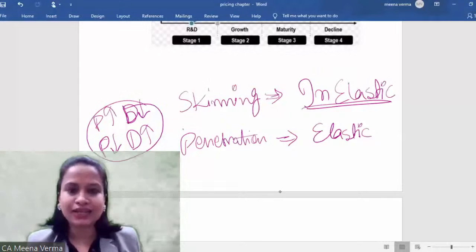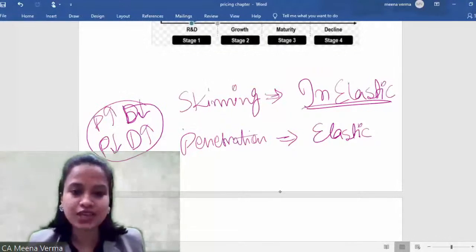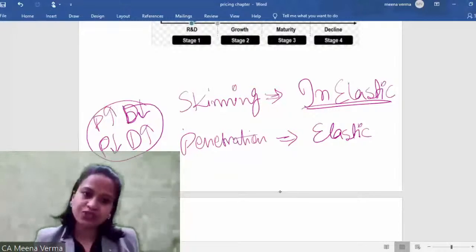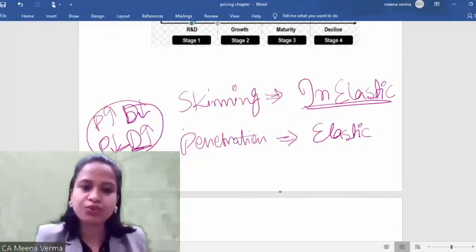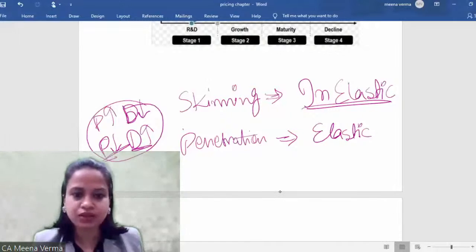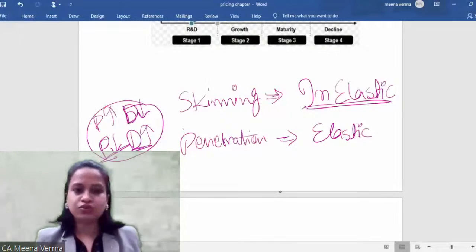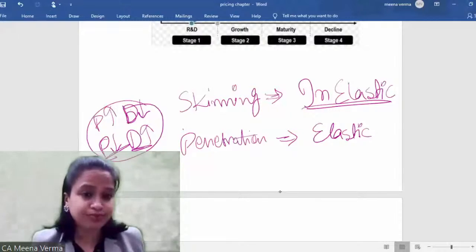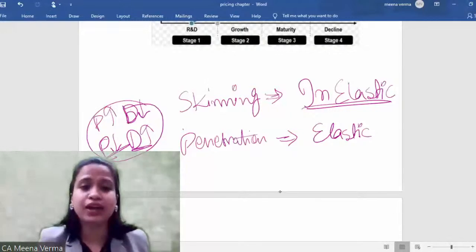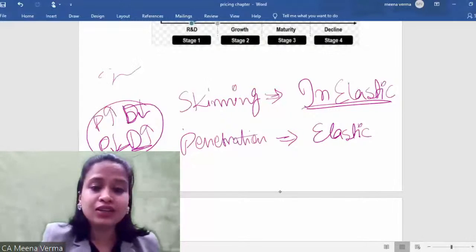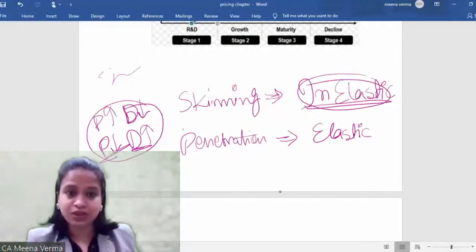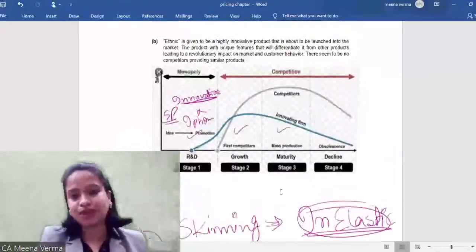This is an elastic market, and in such case you can follow market penetration technique. If you decrease the price, like Jio, you know that the demand for your product will increase a lot in the market. But if your product is innovative and the market is inelastic, in such case you will follow skimming pricing strategy.